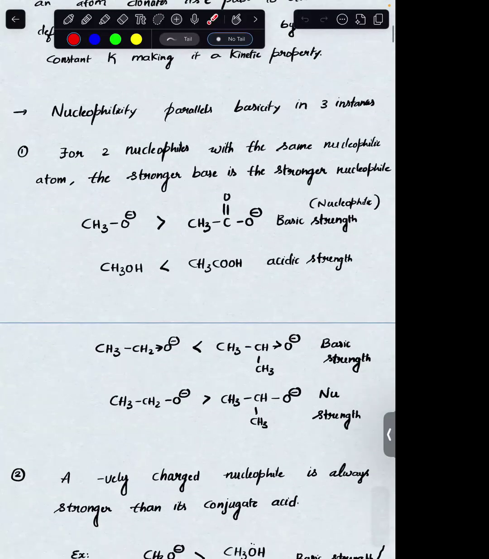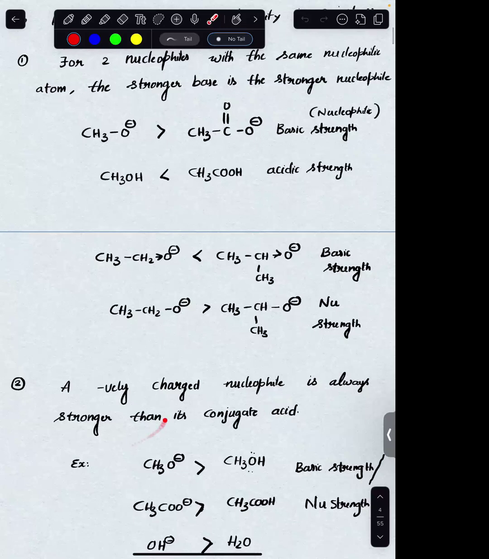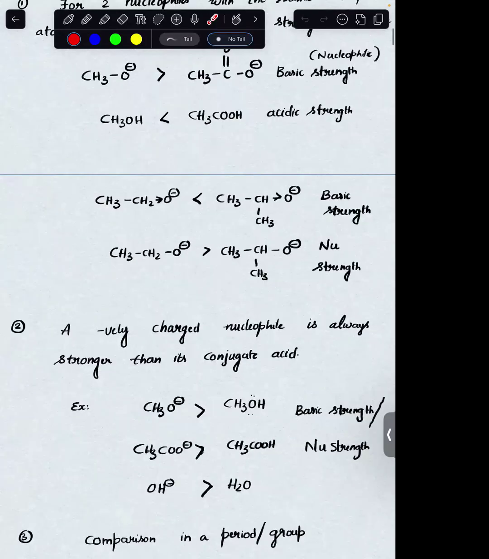Next, a negatively charged nucleophile. This will hold true everywhere. A negatively charged nucleophile is always a stronger nucleophile than the conjugate acid, that is, a neutral nucleophile. CH3O minus is always a stronger base when compared to CH3OH. Similarly, CH3O minus is always a stronger nucleophile when compared to CH3OH. Acetate is always a stronger base when compared to acetic acid, that is, if I'm looking at the lone pair of the oxygen.